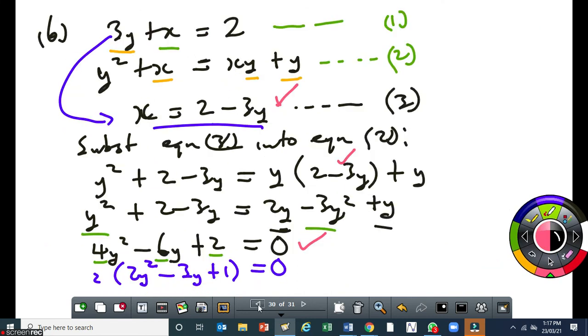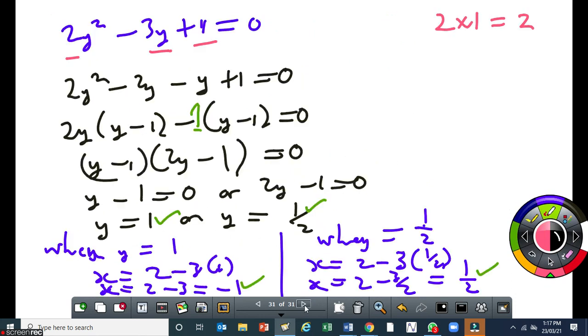So the making of a variable the subject, the substitution, the standard form of the equation, the factors, this step here is very important. Then the two values of y and the two values of x. So usually in total it will be 6 marks. And you have to know how to solve simultaneous equations for your maths control test.